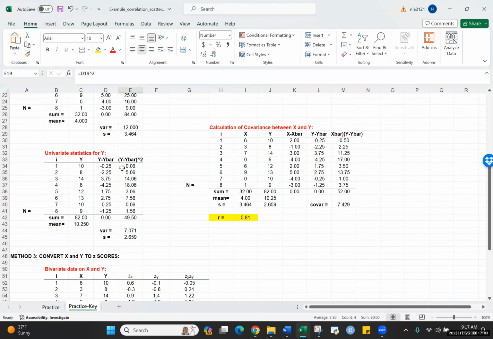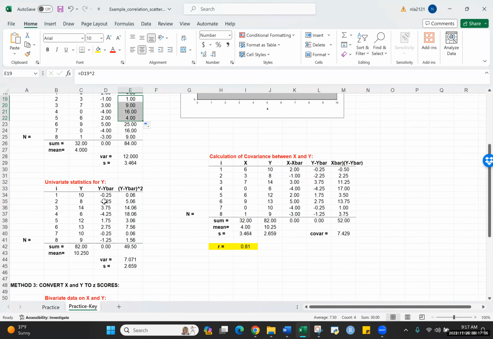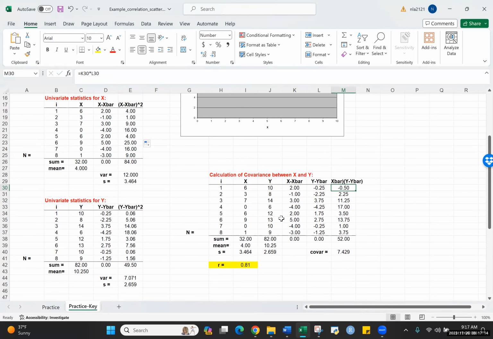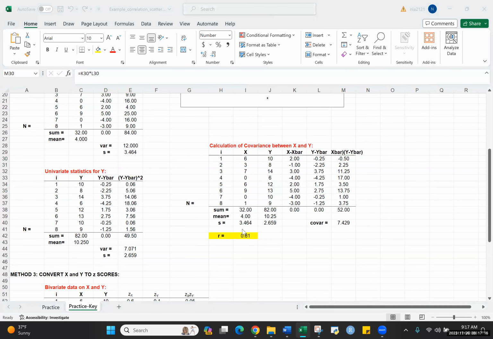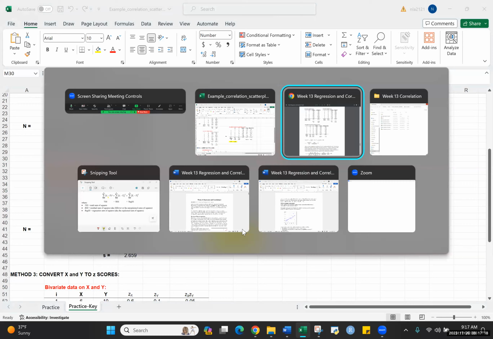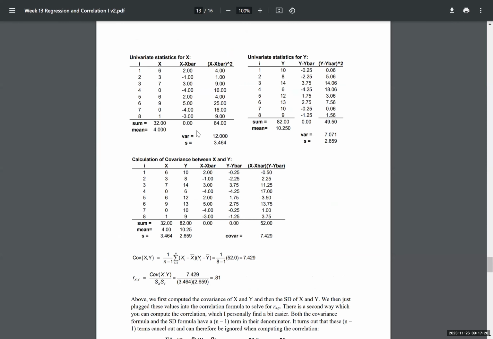And then it's the same formula for y. The mean's different, 10.25. And then, again, I know there's a lot of math, but I don't think it takes too long to do. So what we need to understand is I have confidence that you all can create these three tables. The tricky part might be plugging stuff in.